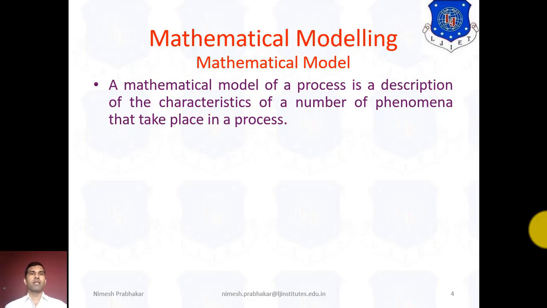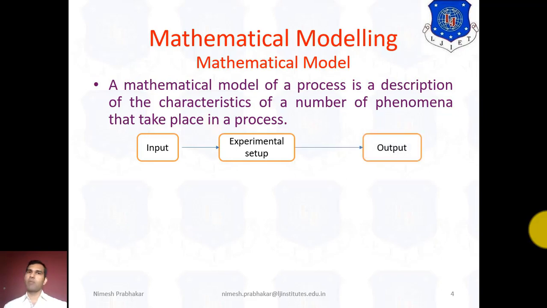So in a process we use different equations. We can define one process with different mathematical equations, and by using these equations we make a mathematical model. Now to understand this, we take one example. Suppose we have one experimental setup, and to this experimental setup the input is introduced. If we run the setup, we get some output.